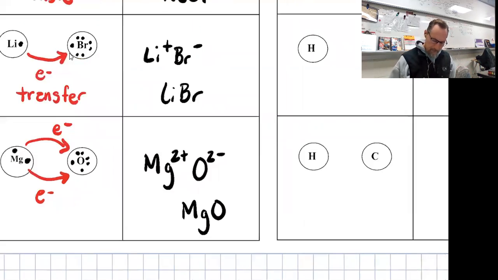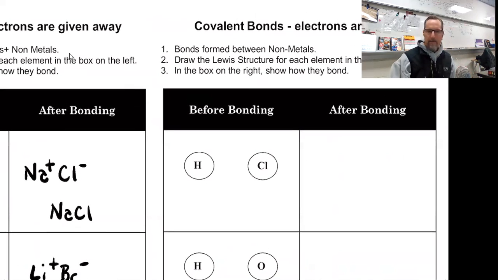Okay, so let's look at some examples then of covalent bonding. And on covalent bonding, I'm going to use circles to show how those electrons are being shared. So hydrochloric acid, or HCl. Again, I start by putting my Lewis structures. So I put 1 dot by the hydrogen and 7 dots by the chlorine.